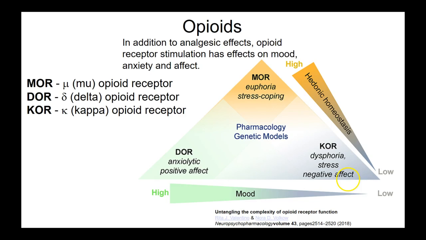You have less euphoria, so they want to get back on the drugs. So this is a big issue. There's effects on what we call hedonism and mood, in addition to the pain relief effects. That's the point I want to make here.